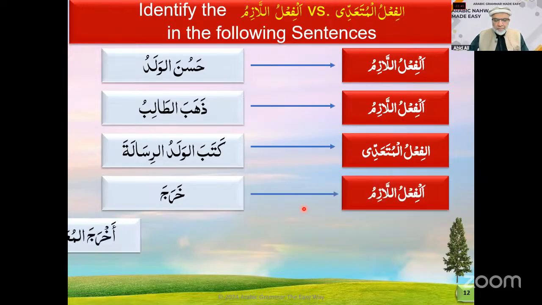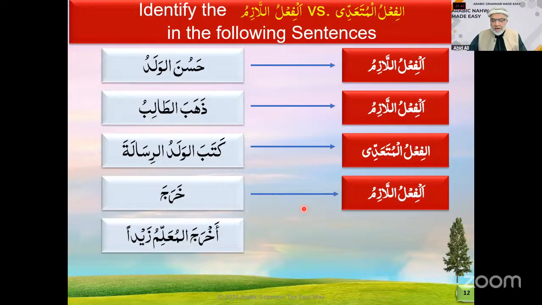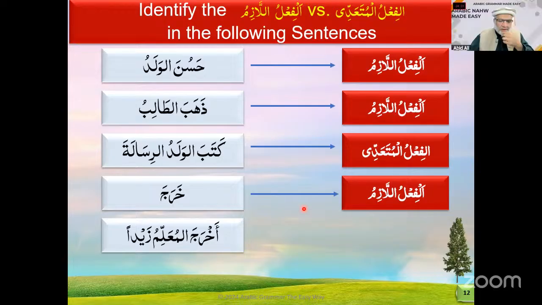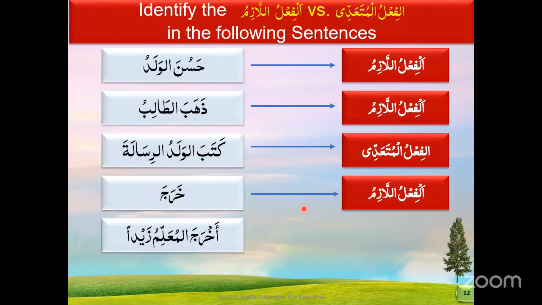Okay? Brother Javed: Akhraja al-muallimu Zaydan. Can you please do the translation if you know? The teacher directed Zaid out of the class, something.